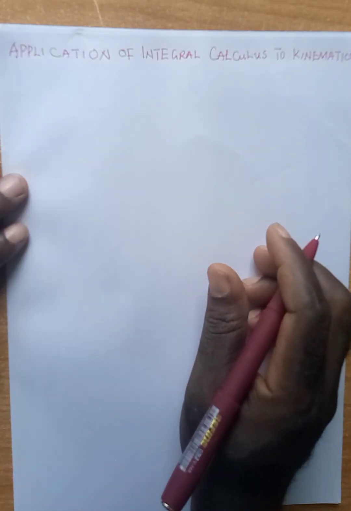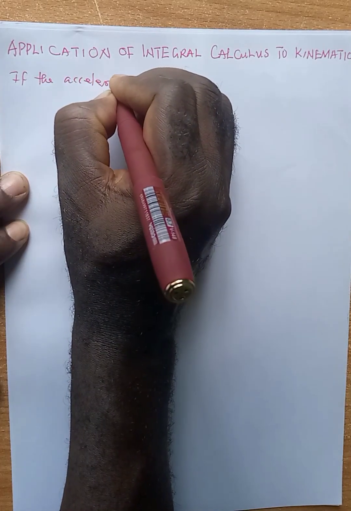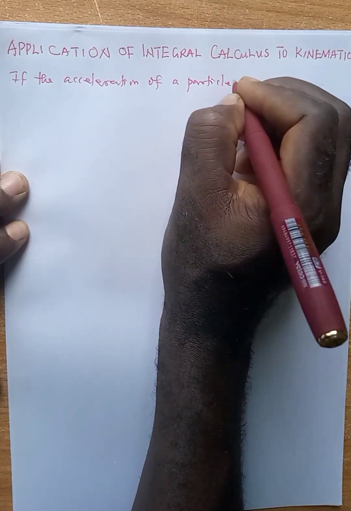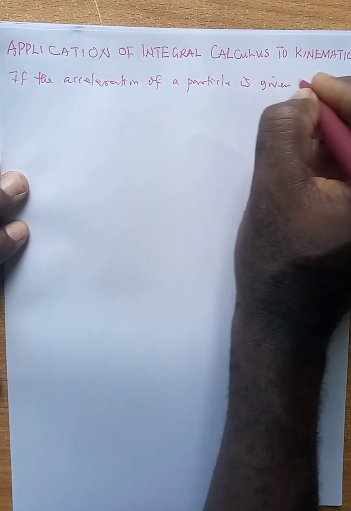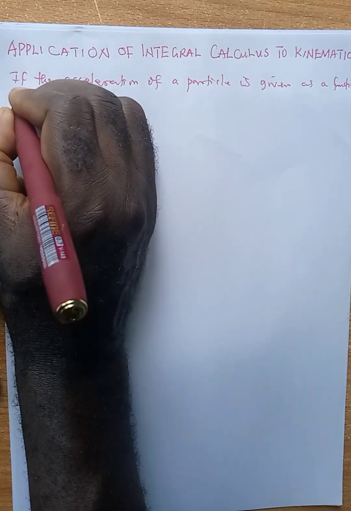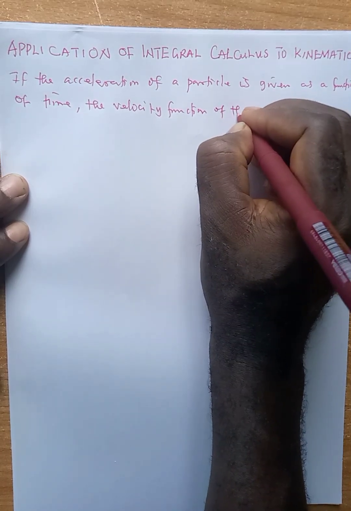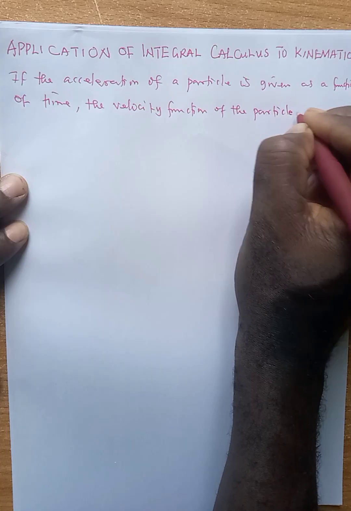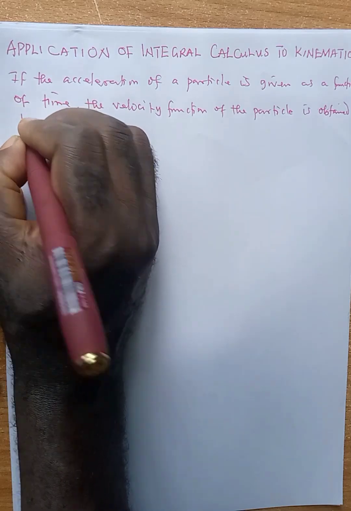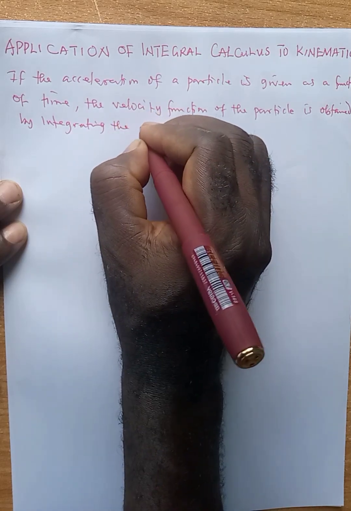You know that if the acceleration of a particle is given as a function of time, then the velocity function of the particle is obtained by integrating the acceleration function.